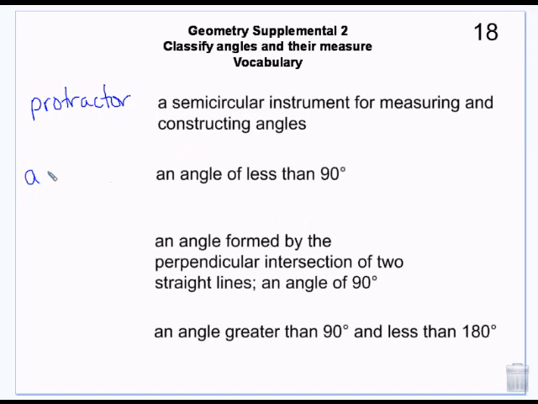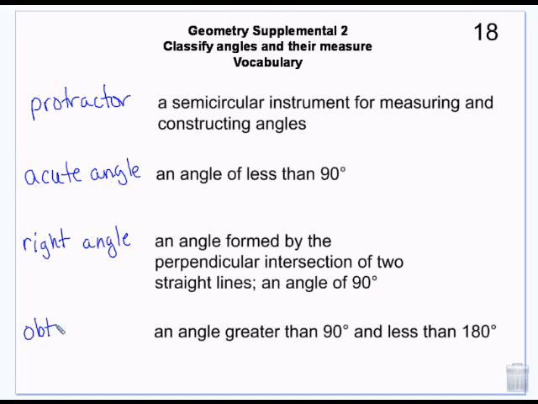An acute angle is an angle less than 90 degrees. A way I remember it is it's little, so it's cute. It's a cute angle. A right angle is exactly 90 degrees.